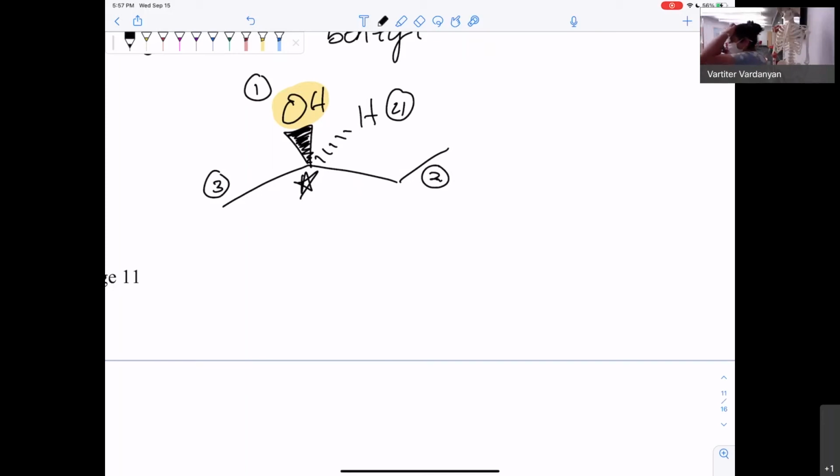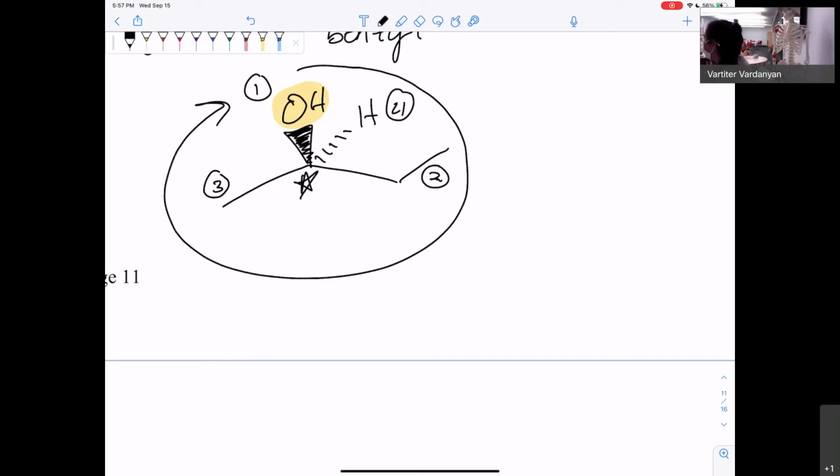I don't know how you guys learned it in Orgo 1, but the way I do it is I just ignore the one that's in the back and I connect them. So 1, 2, 3. This is going clockwise, which is R. And if 1 or 3 is in the back, you would flip it. If 2 or 4 is in the back, you keep it. So this is staying R.